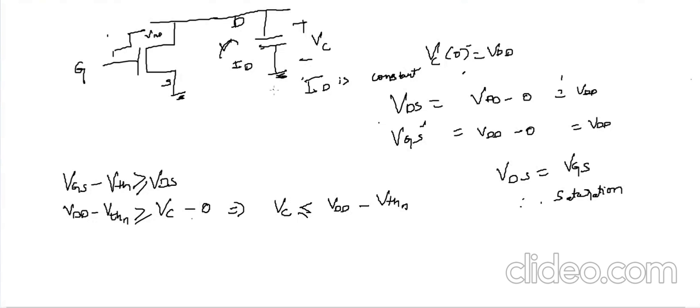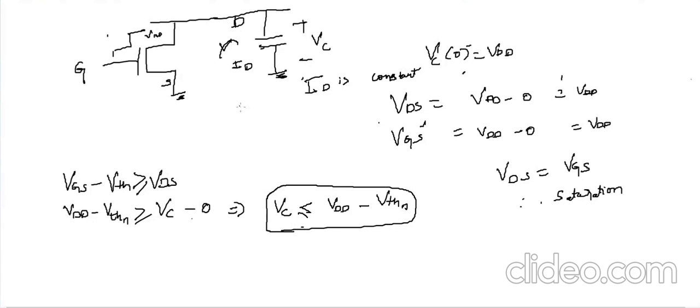So initially the capacitor voltage is at VDD. Up to VDD minus VTH of N, the nMOS is going to be in saturation region, and after that it enters linear region when VC is less than VDD minus VTH N. The nMOS will be in linear region. So the current will be, so we all know that the nMOS can completely discharge the capacitor.